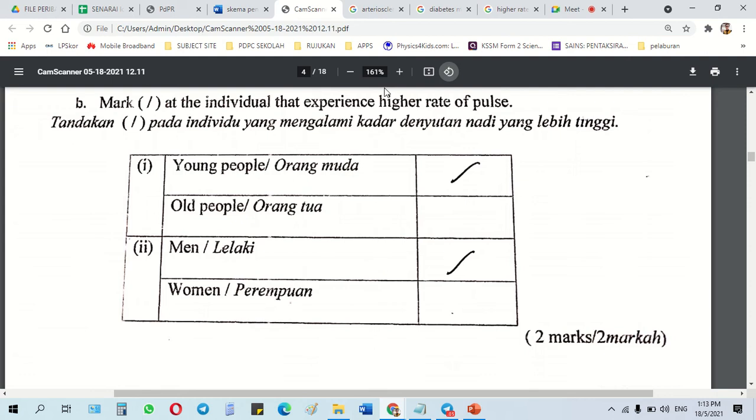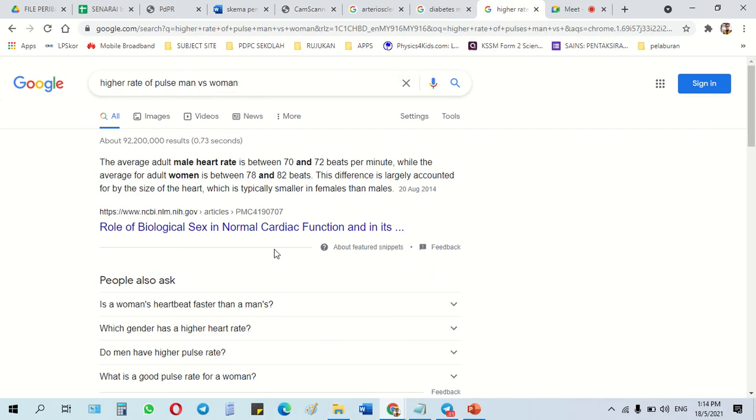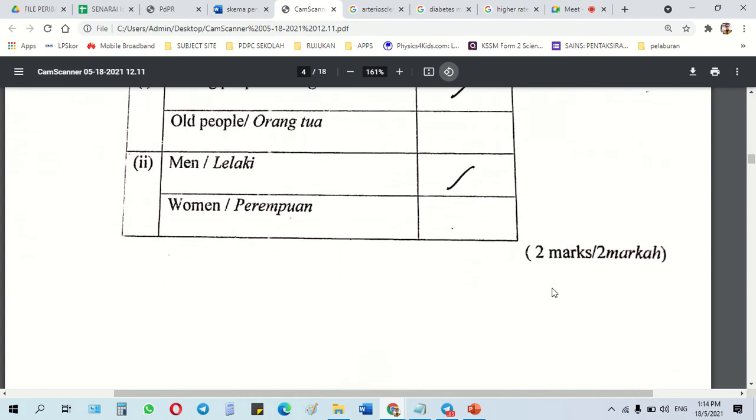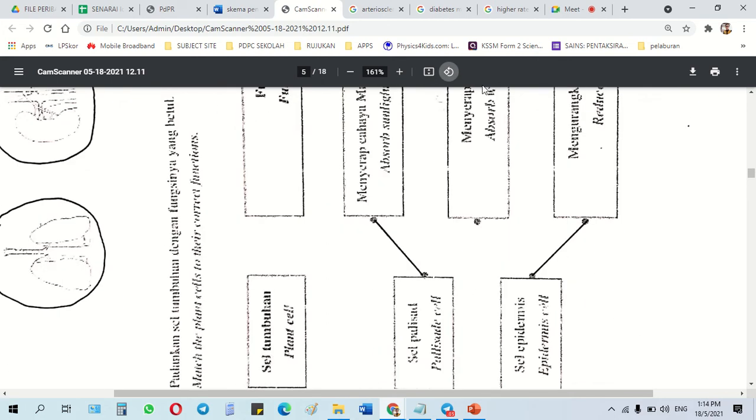Tapi untuk high rate of pulse, actually woman is higher compared to men. So average adult male heart between 70 and 72 beats. Okay. Adult woman between 78 and 82 beats. Right? So the answer here is woman, not men. Alright, next question.